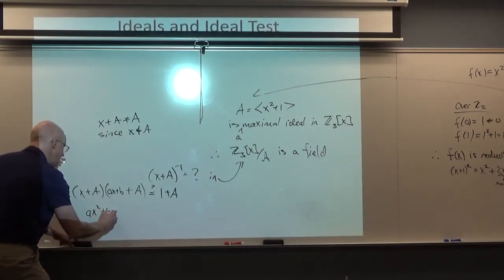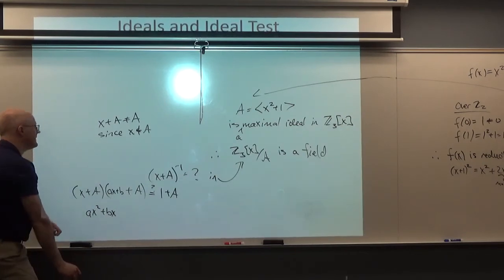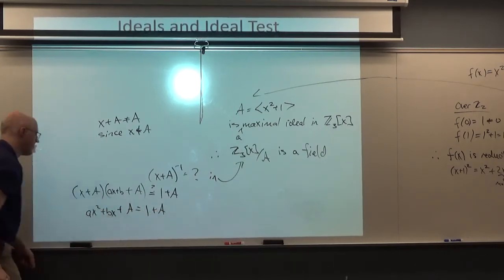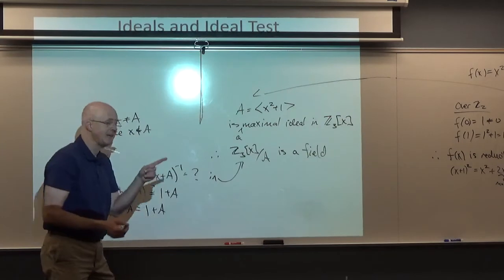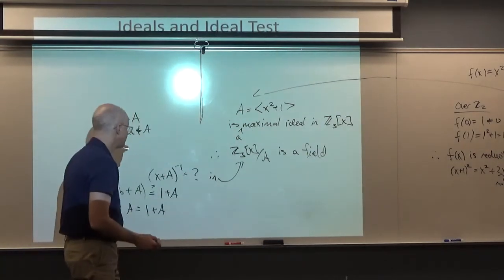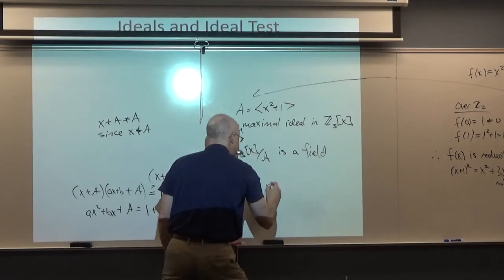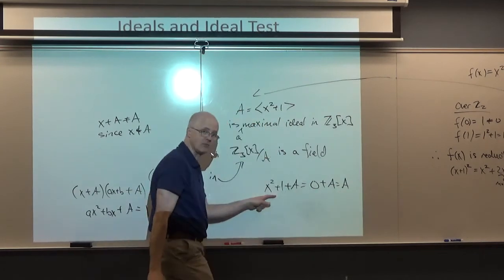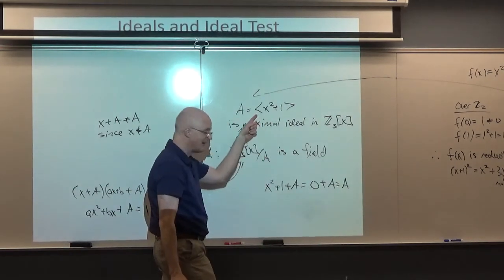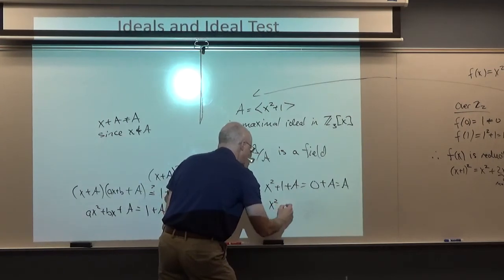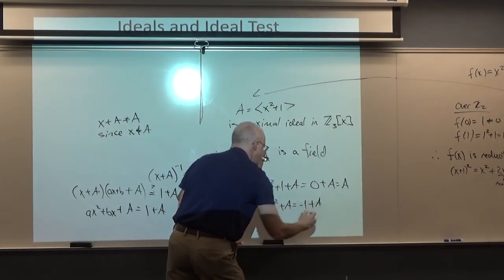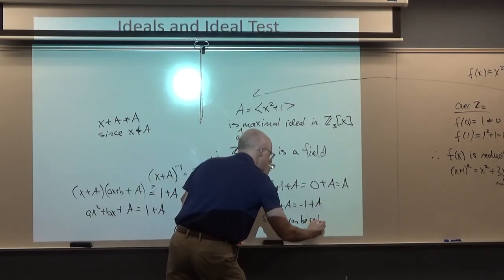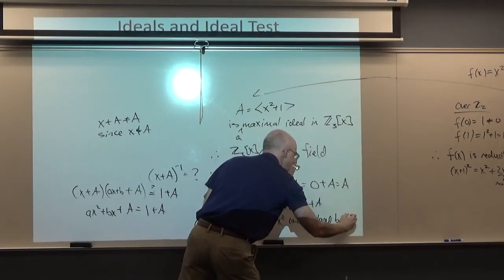ax squared plus bx. All right, this is where it gets a little tricky. Since I'm modding by A, which is this principal ideal, x squared plus 1 plus A does equal 0 plus A. That is the 0, because x squared plus 1 is in A. And effectively, that can also be written as x squared plus A equals negative 1 plus A. So x squared can be replaced by negative 1 in the factor ring.